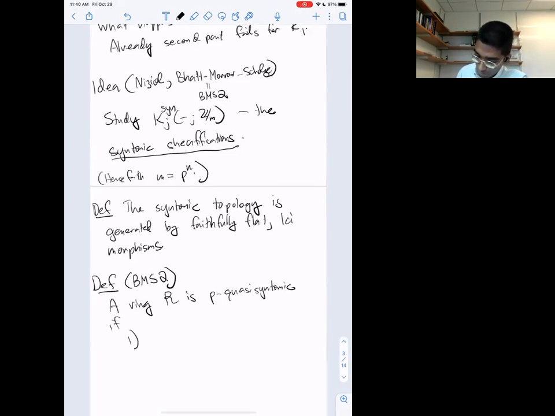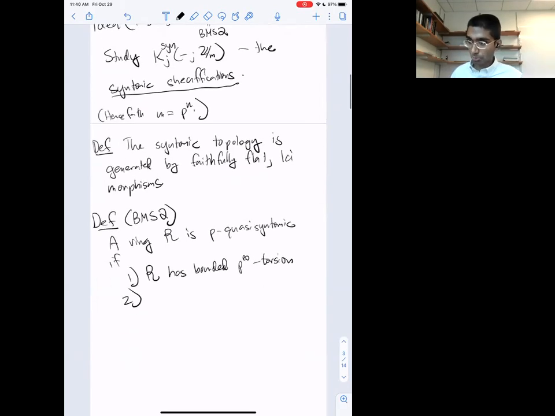if, first of all, we're going to assume that R has bounded p-power torsion. And second, I'm going to assume a Tor amplitude condition on the cotangent complex.